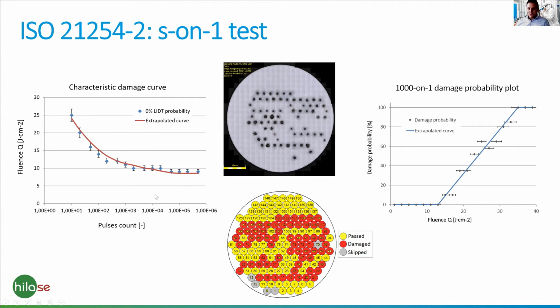Everybody wants to use it as long as possible, and this tells you at which fluence you have the best probability that the component won't fail even after millions of pulses.